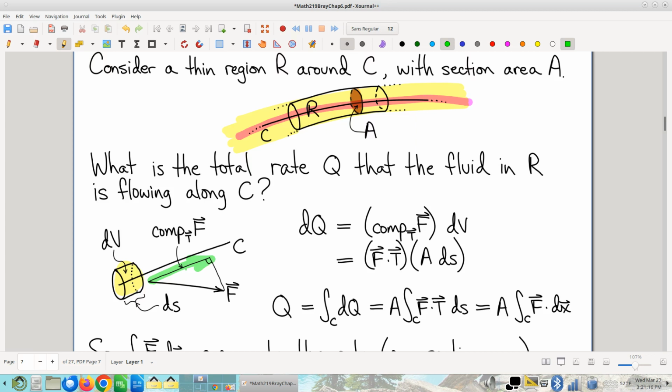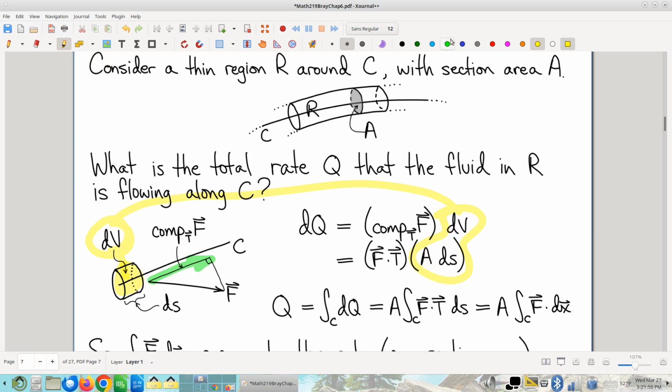And what do I get when I combine all this together? The way I like to say this is I want to know the total rate of fluid flowing along the curve. Why we are interested in such a thing will reveal itself in a minute. Well, we did this calculation last time, and this is about where we ended. This amount of volume is just area times thickness. The area of this base right here is our given area A. The thickness is just the length of that little piece of curve, so ds.